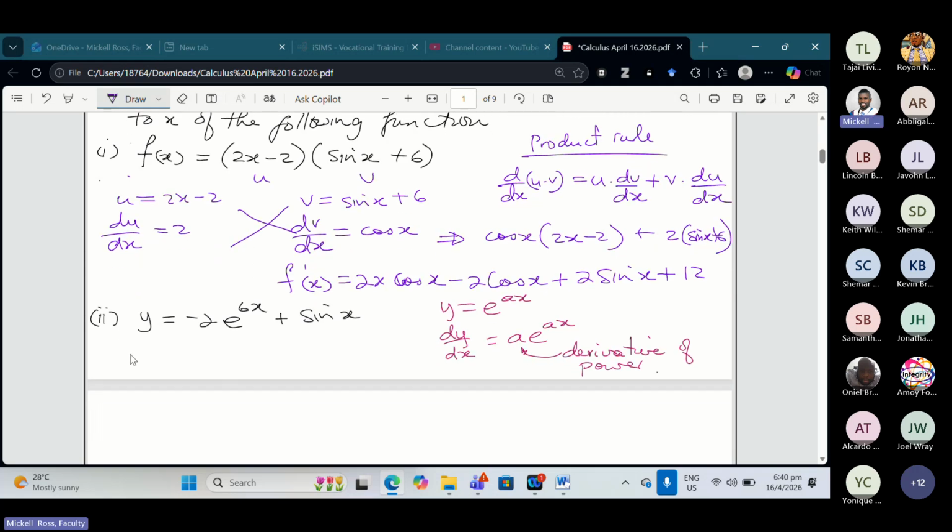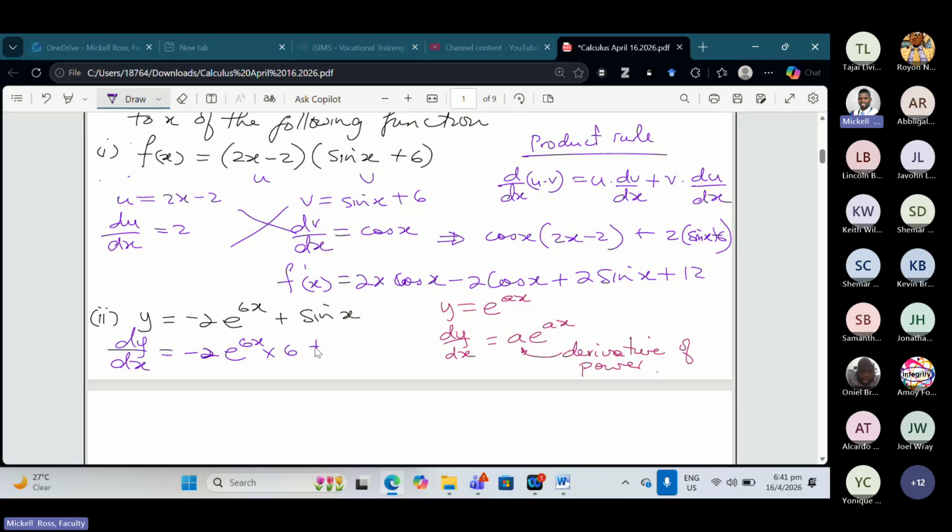So if we should go ahead and differentiate what we have here, the derivative of this power, if we differentiate 6x, what do we end up with? 6. Wonderful. So negative 2 times e to the 6x times the derivative of the power, which is multiplying by it, which is 6.